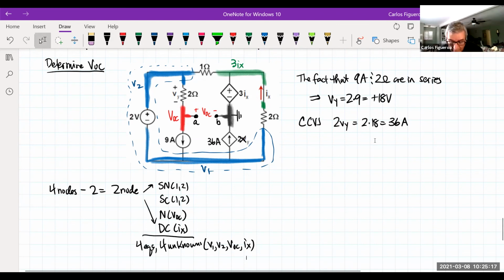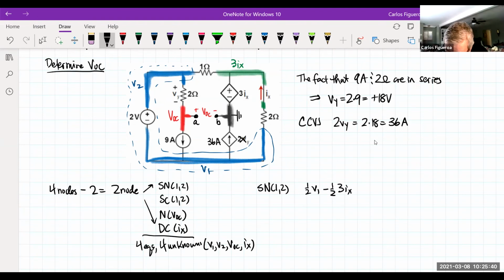So here I go. I'm going to start with supernode 1, 2. If I look at supernode 1, 2, I'm going to start with 1. I could see that there's only 1 resistor. So I'm going to get 1/2 V1. Then I have a mutual, which will be 1/2 3IX. Now I'm going to go to node 2. So I have 2 resistors, which will be 1/2 plus 1 connected to 2.